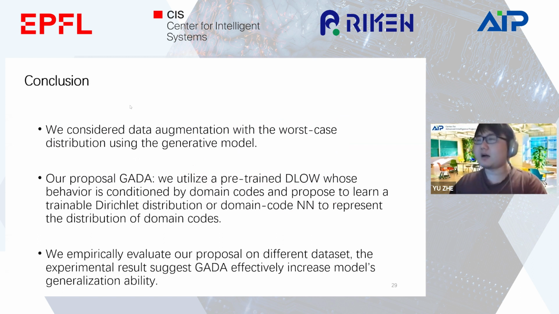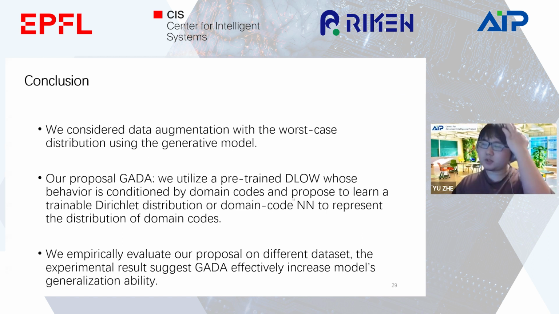Okay, so now to sum up, in this work, we consider a data augmentation strategy with the worst case distributions using generator models. In our proposal GDA, we utilize a pre-trained generator model whose behavior is conditioned by the domain codes.